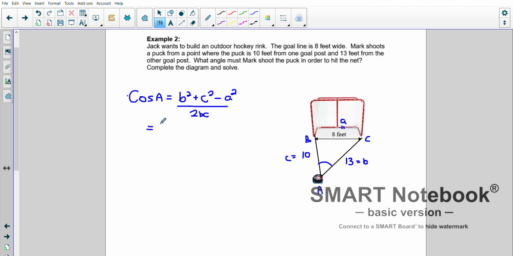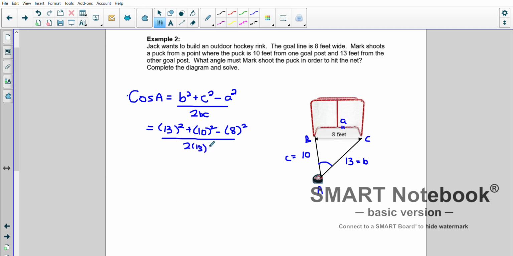So B is 13 squared, C squared is 10 squared, minus A squared, that's 8 squared. Now, unlike the last question where I did it all in one shot, I'm not going to attempt that for this, because putting it in your calculator, you could make a mistake.